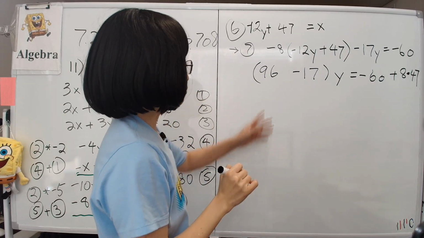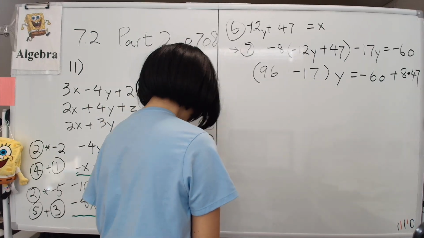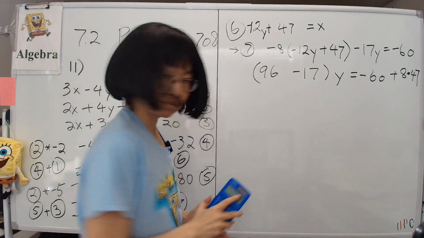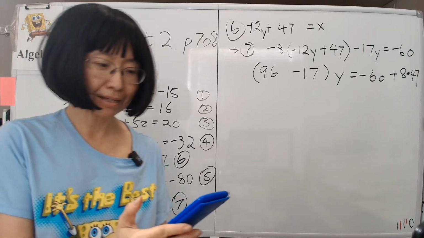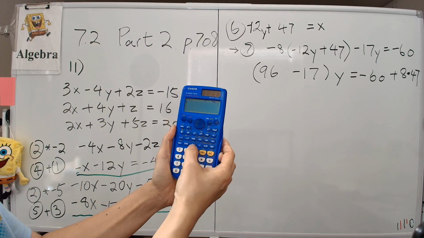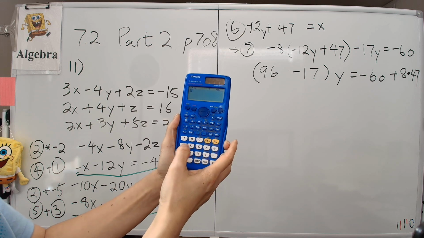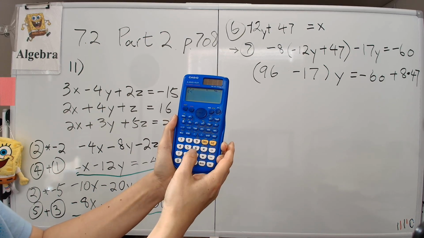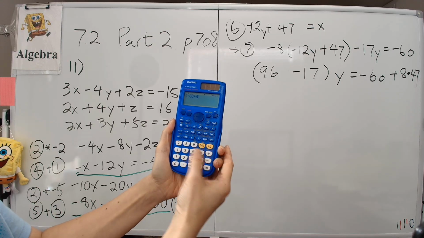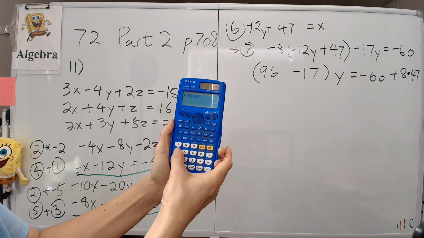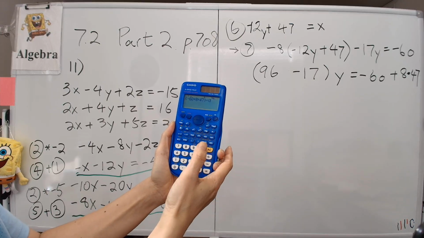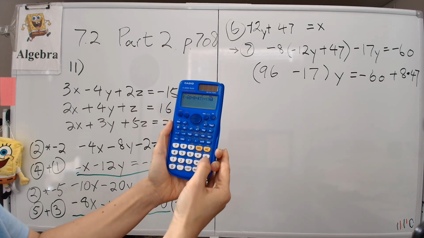All right, so from this equation, we can calculate y, which we are going to do right this moment. So let's punch in y, and we always put in parentheses because what's being divided has a plus sign in it. So plus 8 times 47 divided by parentheses 96 minus 17.